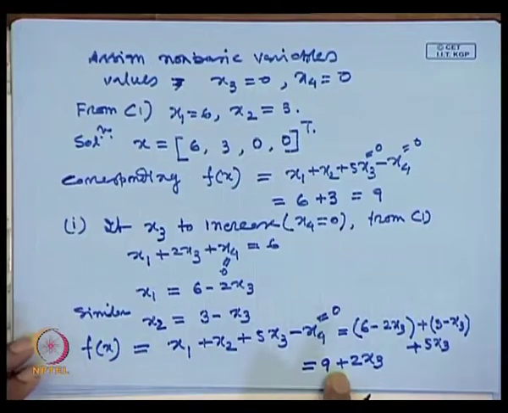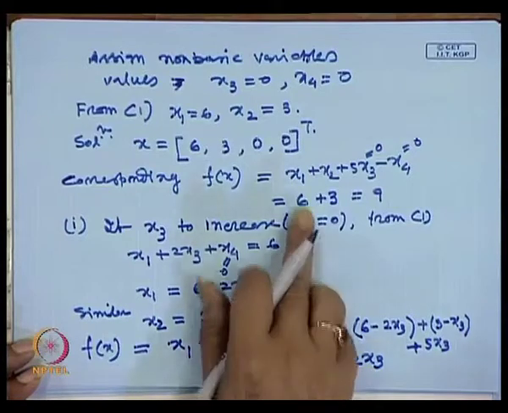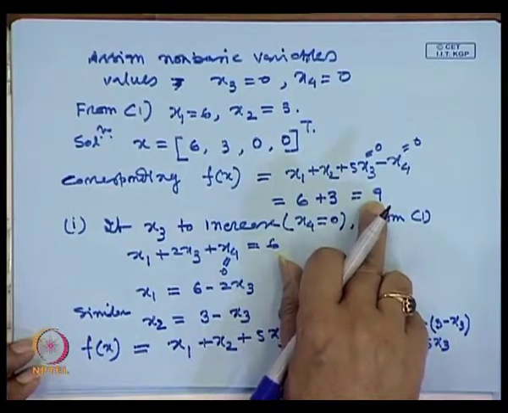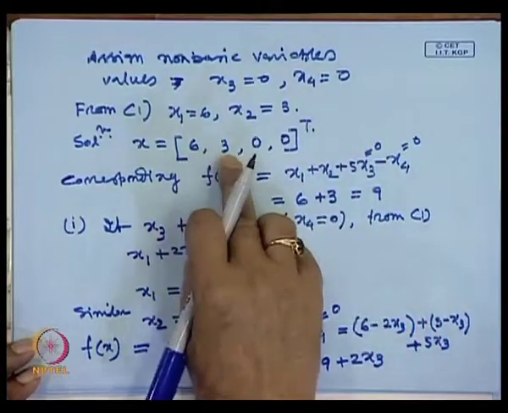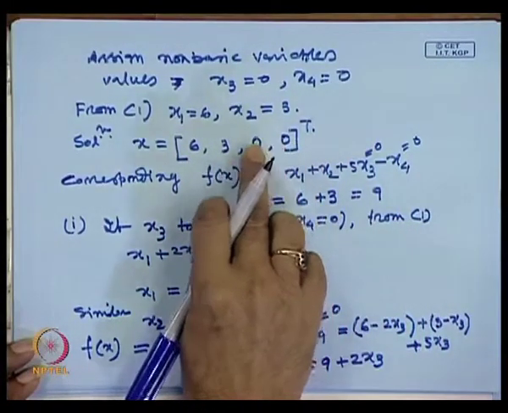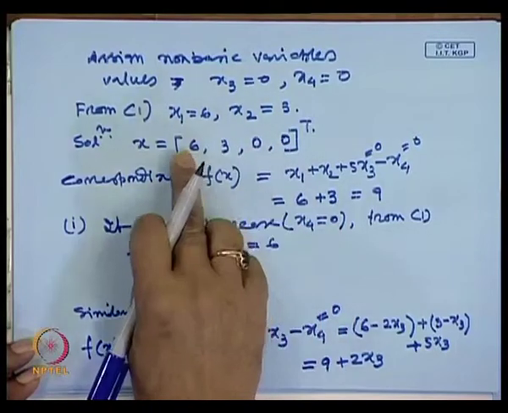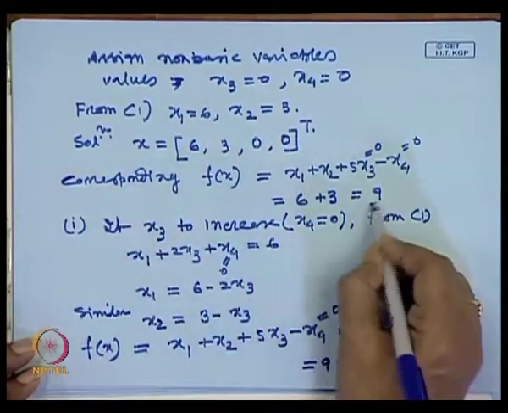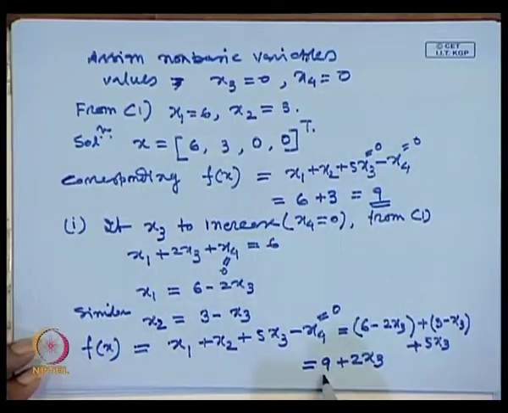Now, look at this expression, this is the important point. You see the function value, previously the function value was 9, where our non-basic variables were x3 and x4 and the basic variables had values 6 and 3, correspondingly we got 9. Now we are getting 9, no doubt, plus some other quantity 2 times x3.